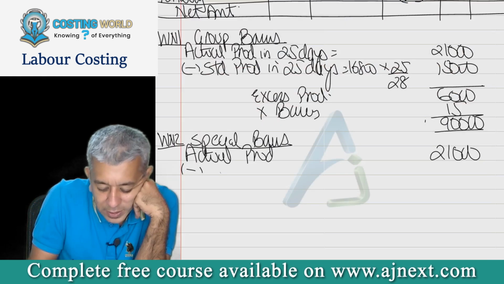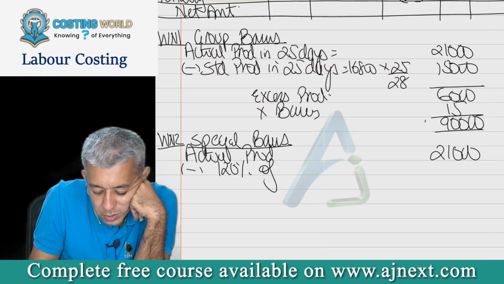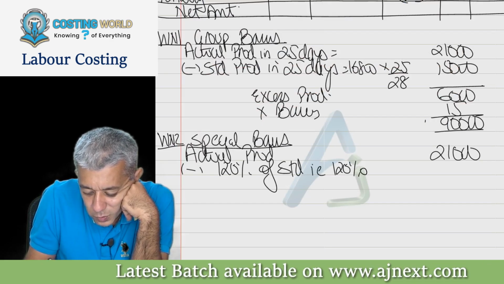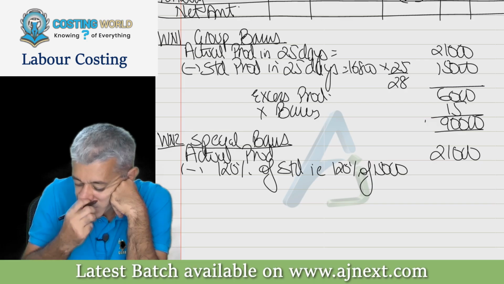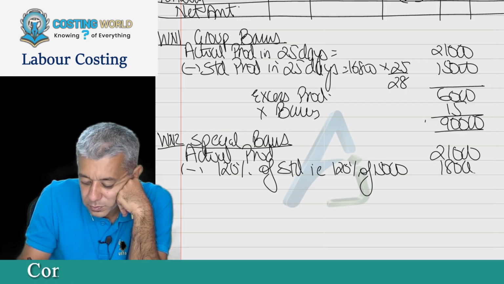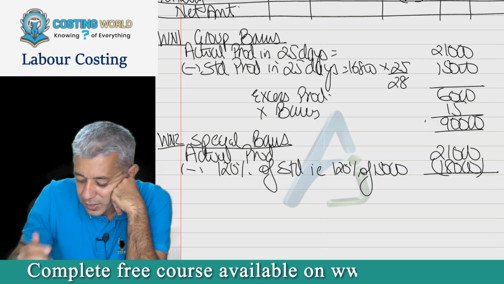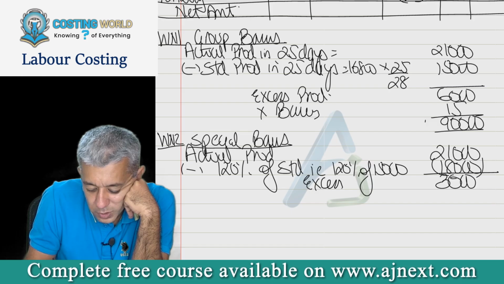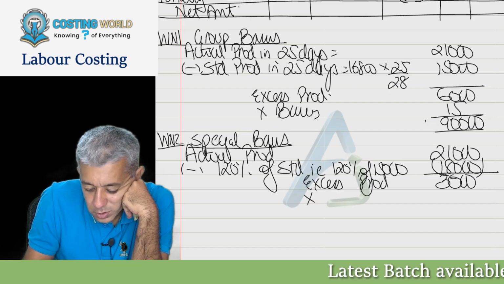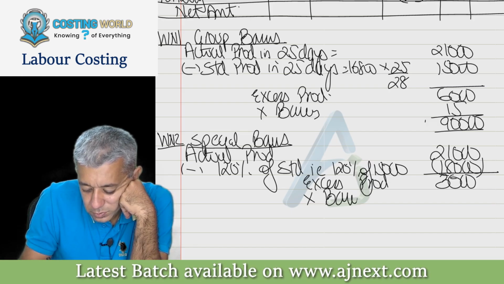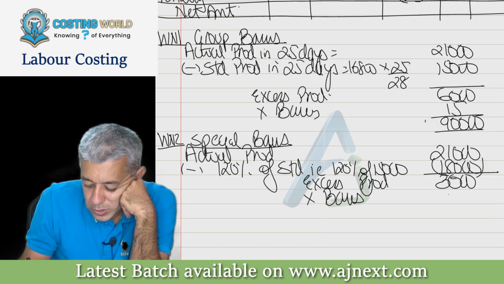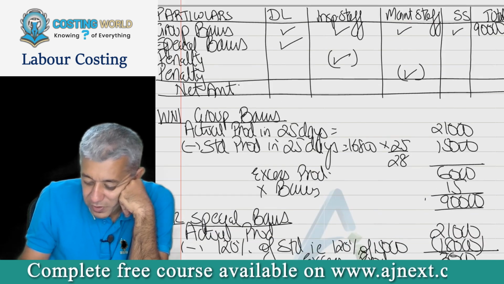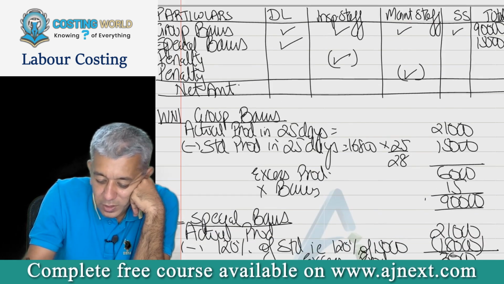So minus 120% of 15,000 is equal to 18,000. 3,000 is the excess production, into bonus 5, 15,000. Put 15,000 over here and 15,000 over here.